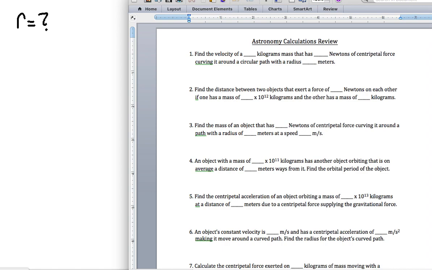So what we have is a force being exerted that's keeping these two objects attracting one another. I'm just going to go ahead and make up a force. Let's say a gravitational force of 40 newtons.